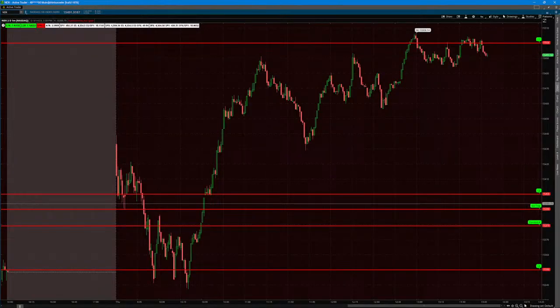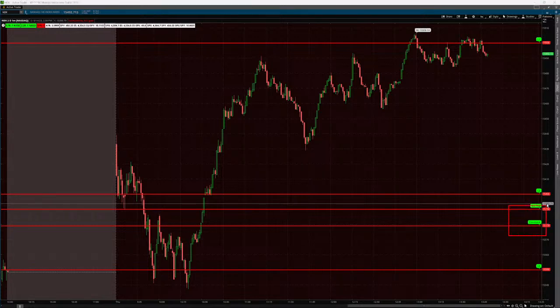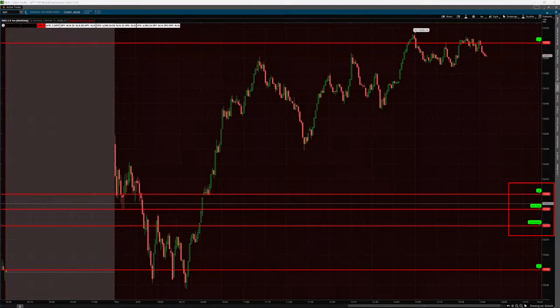So NDX, cluster of levels here, volatility trigger at 15,390. And now right around that QQQ 378 level is the NDX 15,500. That's the absolute gamma strike. Looks like it may be acting as resistance.